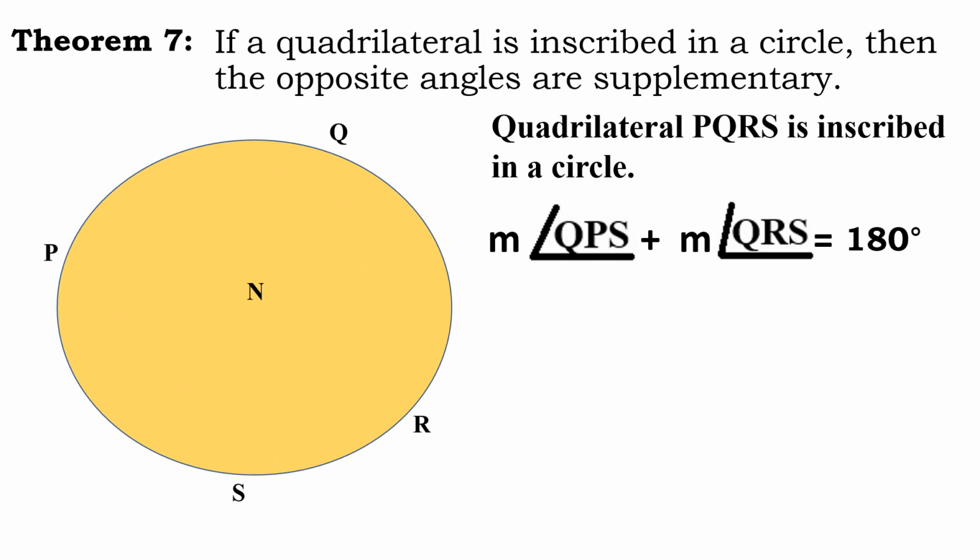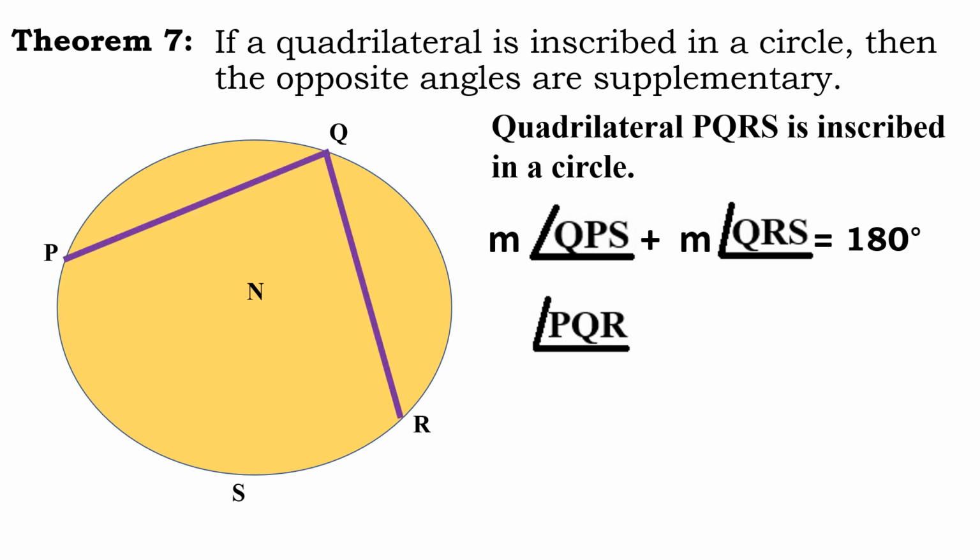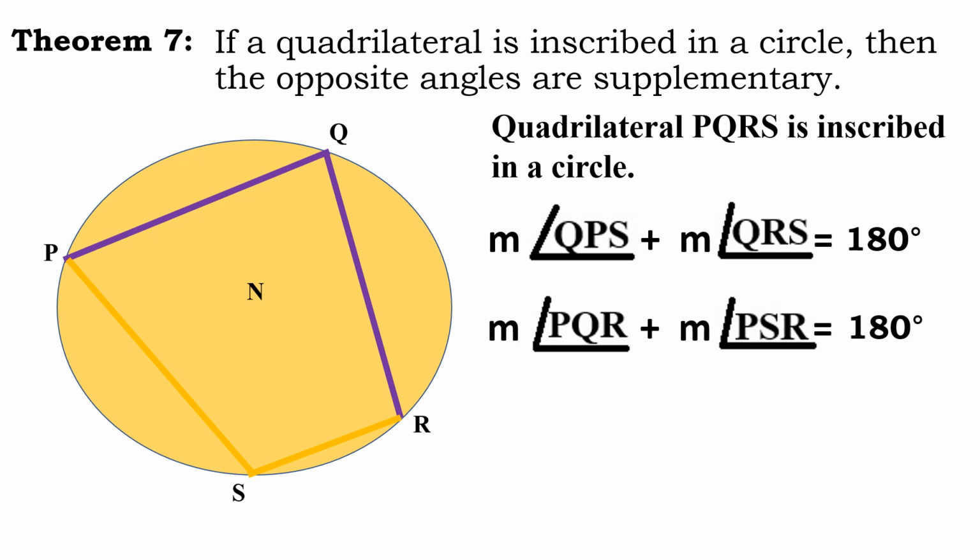So, another opposite angles. Let's say angle PQR. The opposite angle of angle PQR is angle PSR. So, if we add the two opposite angles, it is equal to 180 degrees.